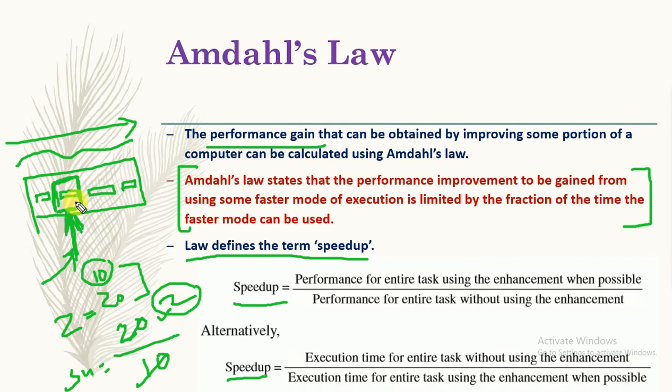If we apply this enhancement on a rare case, it won't affect the entire performance. So there won't be that much performance gain. It is always better to choose the common case or frequent case where we can apply the enhancement, and accordingly we can have more performance gain due to the enhancement applied to the portion of the computer system.